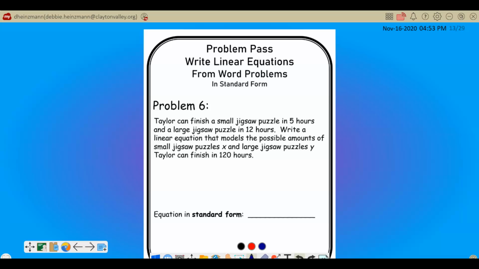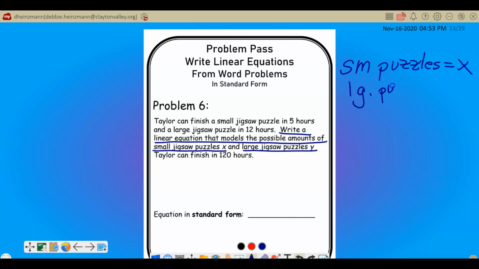So what they're asking is for us to write a linear equation that models the possible amounts of small jigsaw puzzles, X. So small puzzles are X, and large puzzles are Y.